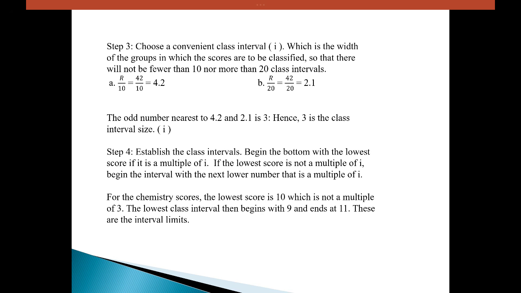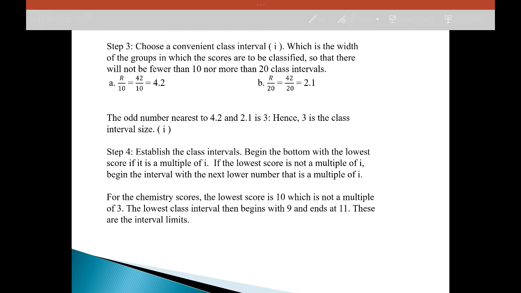It should be the lowest multiple of 3 that is lower than the lowest score. So what's the lowest multiple of 3 that is lower than 10? It is 9. So 9 should be the start of your class interval. Instead of 10, it should be 9.